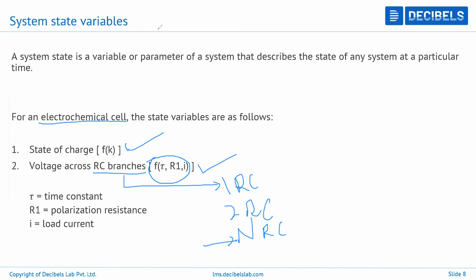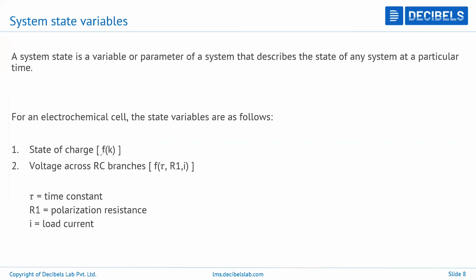Here on the right hand side, you can see what the variable is a function of. f of k usually means a function of time. These values are discretized, so this is a discrete function of time.